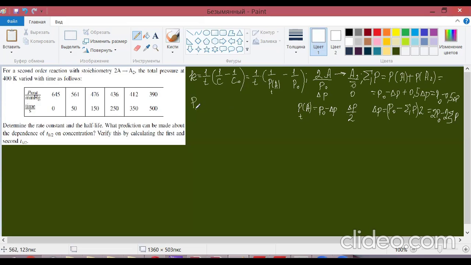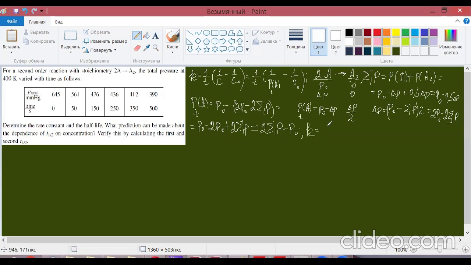So P of A at time T is equal to P0 minus double P0 minus double sigma P. Again, by sigma P, I mean the pressure of the whole system at time T. That means if we open the brackets, okay, and now we can substitute P of A at time T with this one.